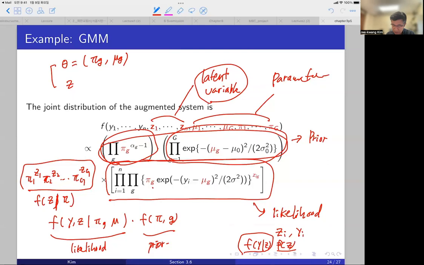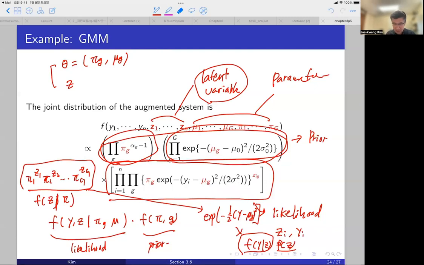That is proportional to exponential of minus y minus mu g squared. Multiply these two and you obtain this one. That is basically the likelihood part, and then we have the prior part.